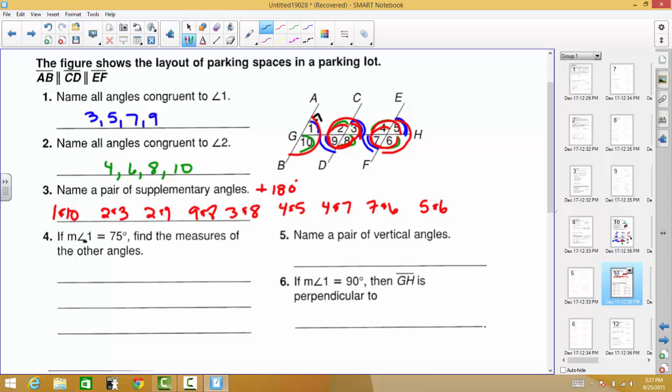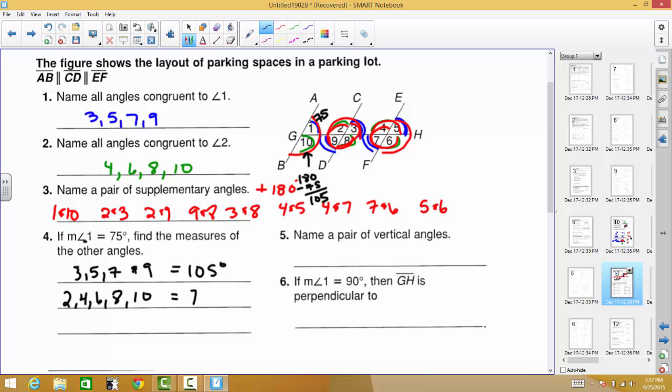So if this is 75, this one would have to be 180 minus 75, which is 105. So 3, 5, 7, and 9 all equal 105 degrees. And then 2, 4, 6, 8, and 10 all equal 70.